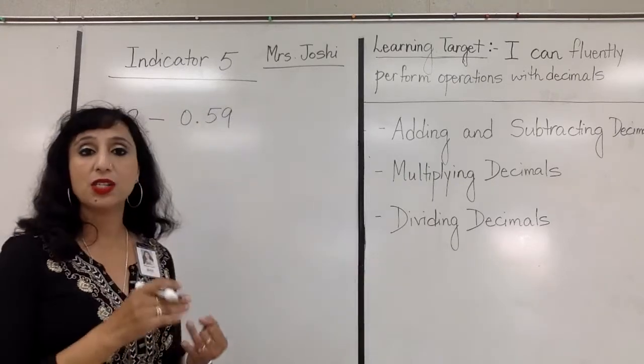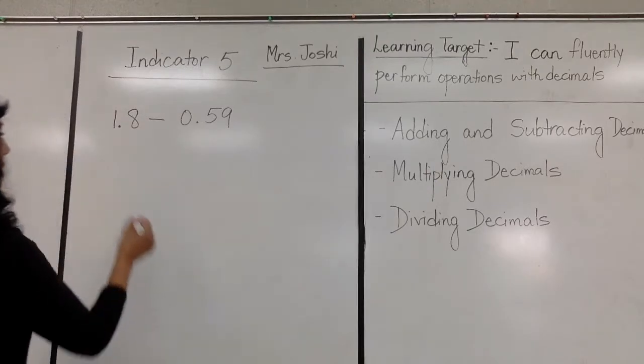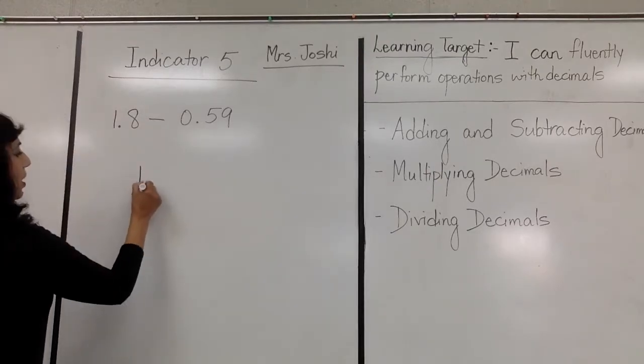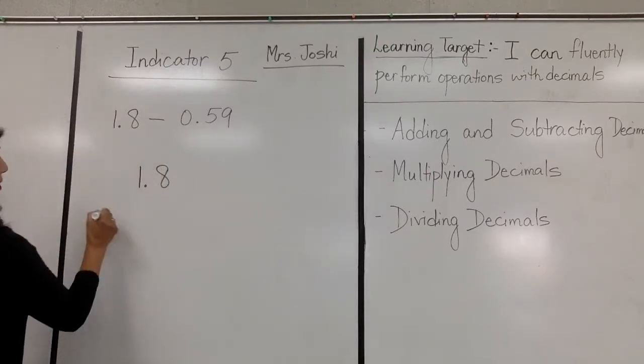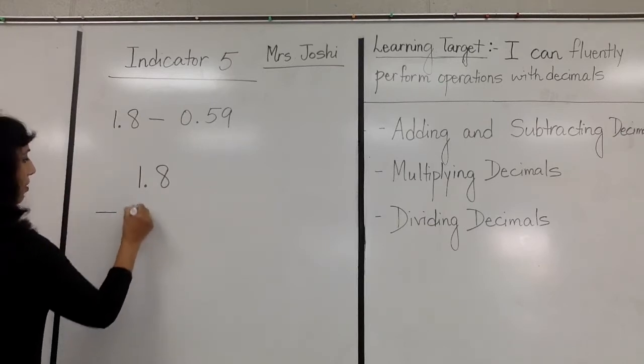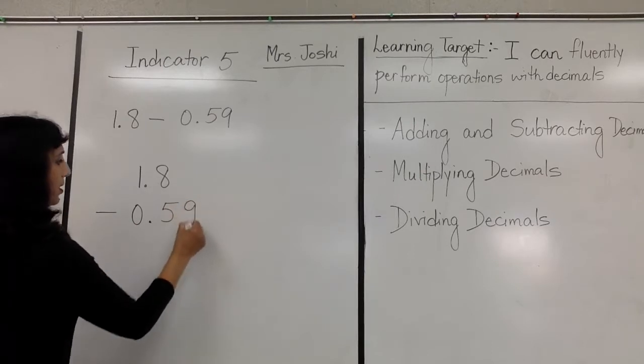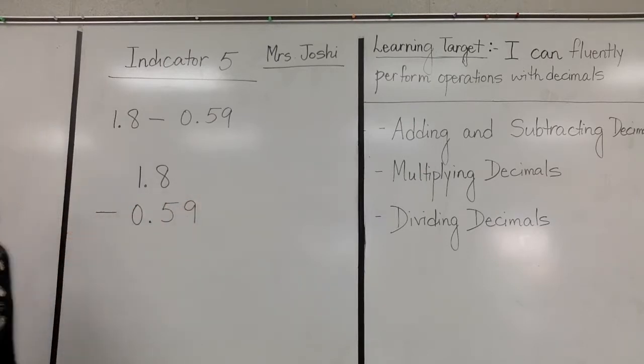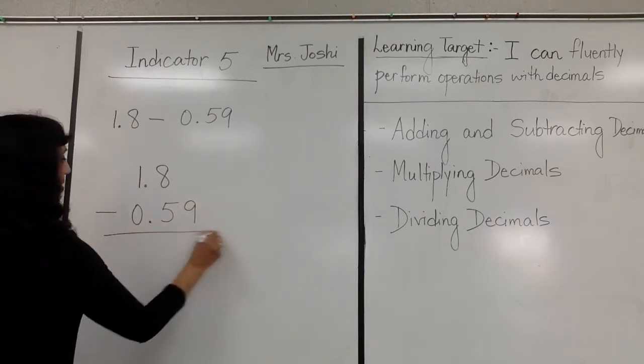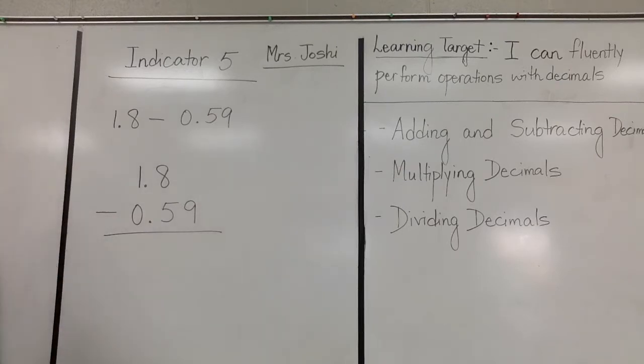Whether it's addition or subtraction, remember that rule. So first number goes here, 1 and 8/10 minus 0 and 59/100. Okay, so you can see same place value under same place value, decimals under decimals.